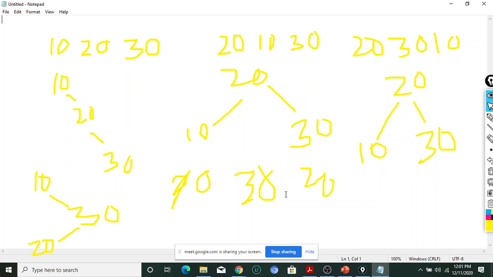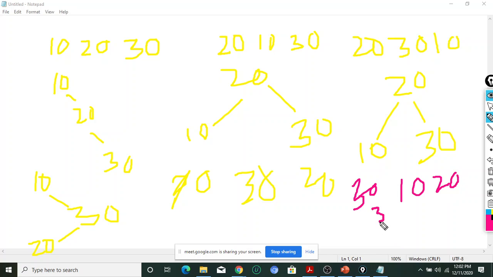If I make a different one, for example, 30, then 10, then 20.